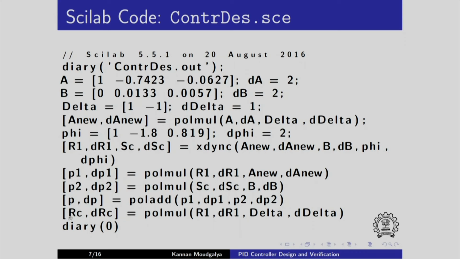But in the rest of the code we will just verify that the solution that we get is indeed correct. We multiply R1 and A nu.